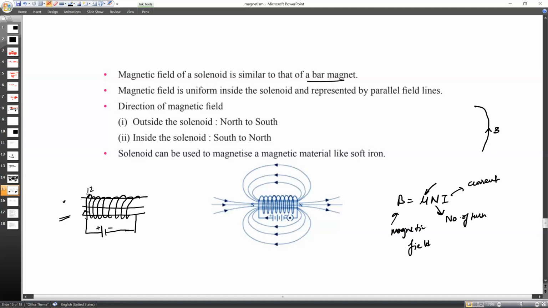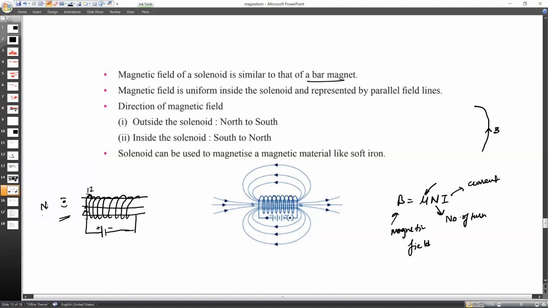Imagine that there is a clock in front of you and you're watching from here. This will be 3 on your right hand side, and behind the bar magnet, where the line is not shown here, it is 9, on your left hand side. So the current is moving anti-clockwise.